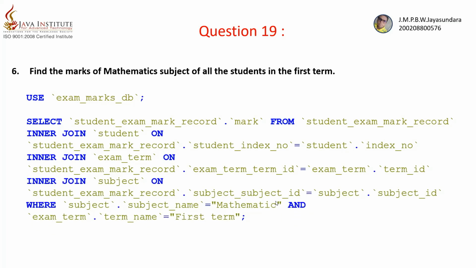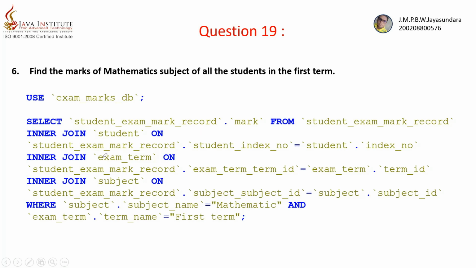In this search query, as you can see, first we have said select student exam mark record table's mark column value from student exam mark record table, and then we have joined student table into this student exam mark record table using student exam mark record table's student index number and student table's index number.